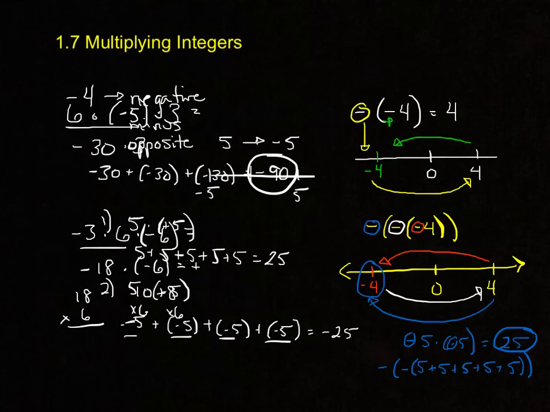So I know 6 times 10 is 60, and I know 6 times 8 is 48. Well, I can do that in my head. 60 plus 40 is 100, plus another 8, 108. So in the end, I have a positive 108 because I had an opposite of an opposite being multiplied, which therefore takes me back into the positive, just like I was showing you over here.